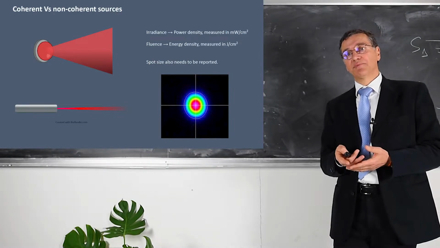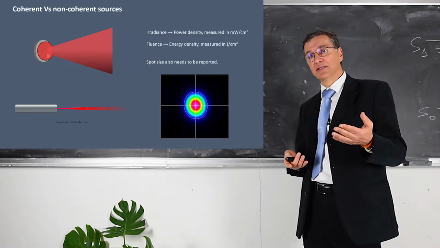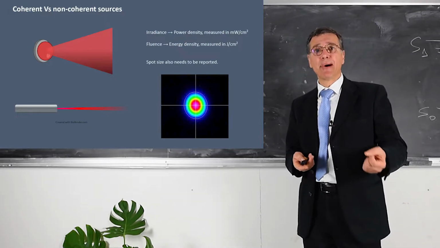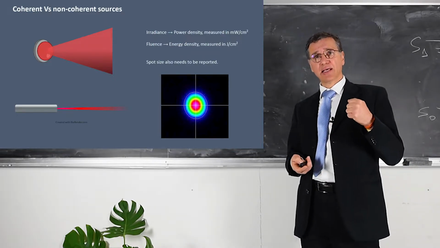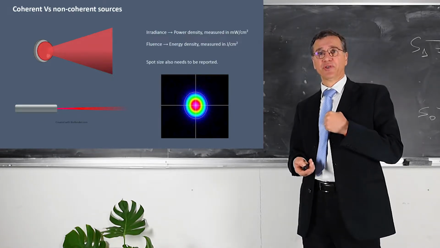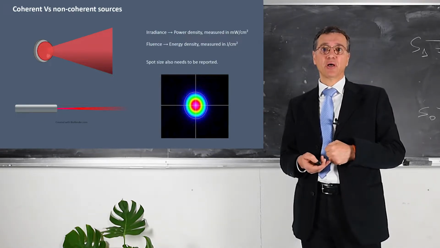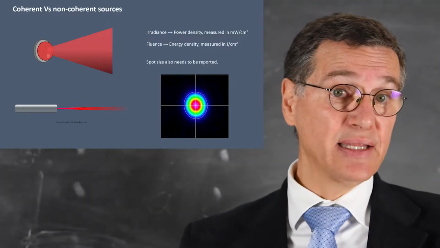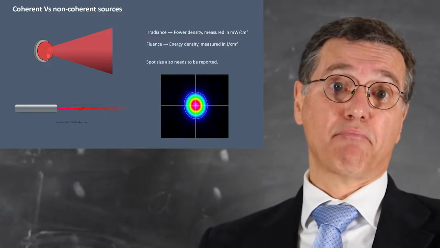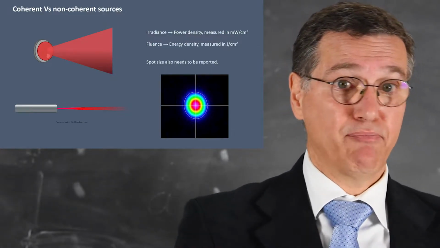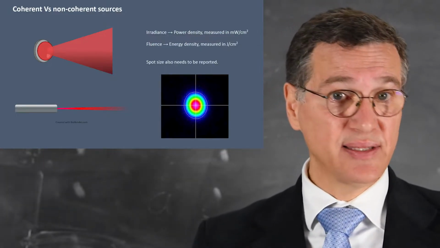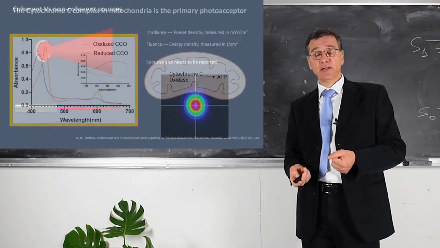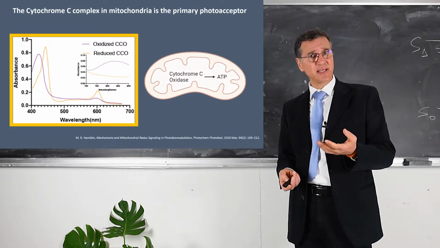So in terms of brilliance, irradiance, and fluence, the lasers are winning. But the question is, do we really need lasers for photobiomodulation? Or does it work also with LED? Because the LED has the advantage of being much cheaper, and we may have very high power LEDs for a few euros. The answer is yes, and it's very easy.